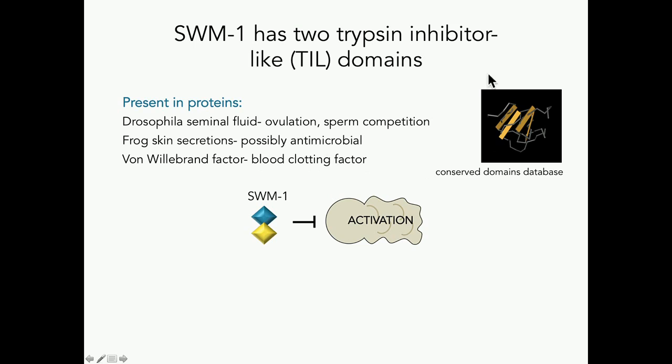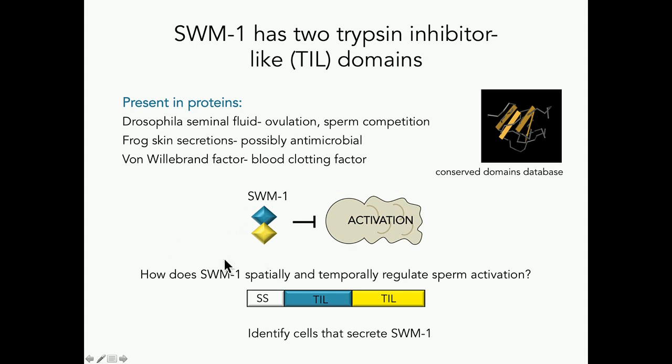And mutations in the TIL domains of von Willebrand factor are causative of this blood clotting disorder. So studying how SWM-1 inhibits activation provides us with an opportunity to learn mechanisms of regulating cell motility and factors that contribute to fertility. But it also may inform us about regulation of proteolysis in other biological contexts.